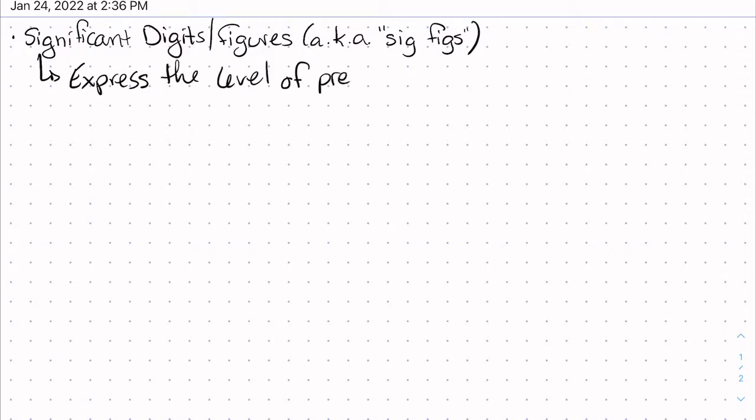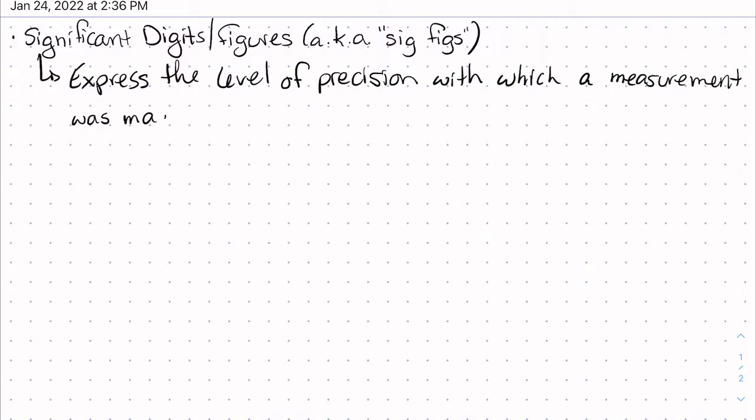We were talking about this in the measurement video, how it's important to record your data to the appropriate level of precision for the instrument that you're using. What we were really talking about there was sig figs. They express the level of precision with which a measurement was made. A number or a piece of data that is expressed with fewer sig figs is considered to be less precise.